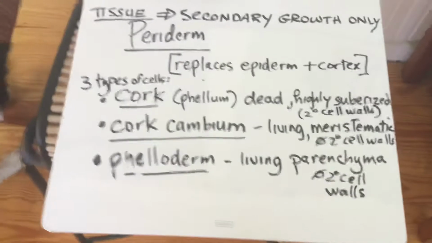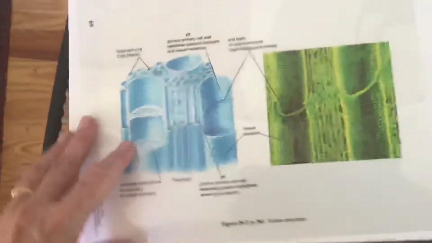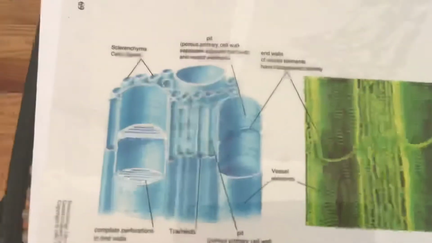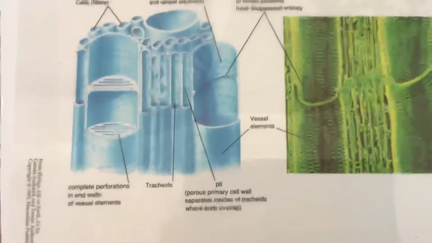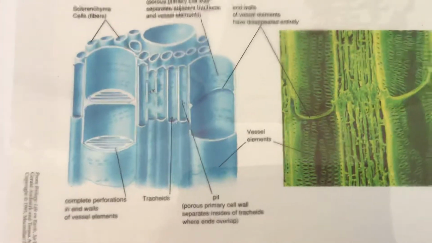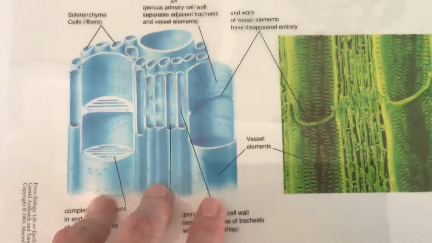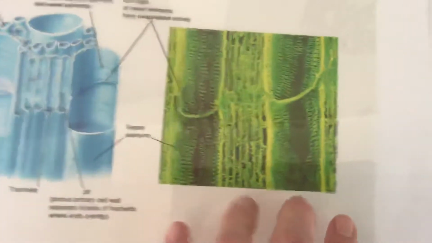And we'll talk more about this periderm later, but I just wanted to mention it as a tissue type at this point, okay? So the first thing, though, let's go through these overheads a little bit so you can look at them a little closer. So these are actual pictures of the xylem and the tracheas, and this is of course a drawing kind of like mine, showing you all the features that I was talking about, but these are actual pictures.